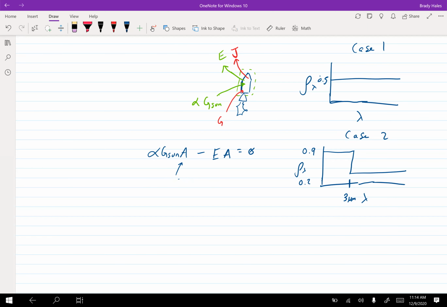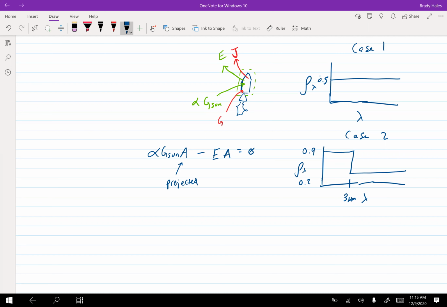So this A would be like the projected area of a cylinder. Looking at the cylinder from the side, the projected area would be a rectangle. And then this A on the emissive power term would be the surface area of a cylinder, so 2 pi r times L. Depending on how exact you want your solution to be, this could be important or not.